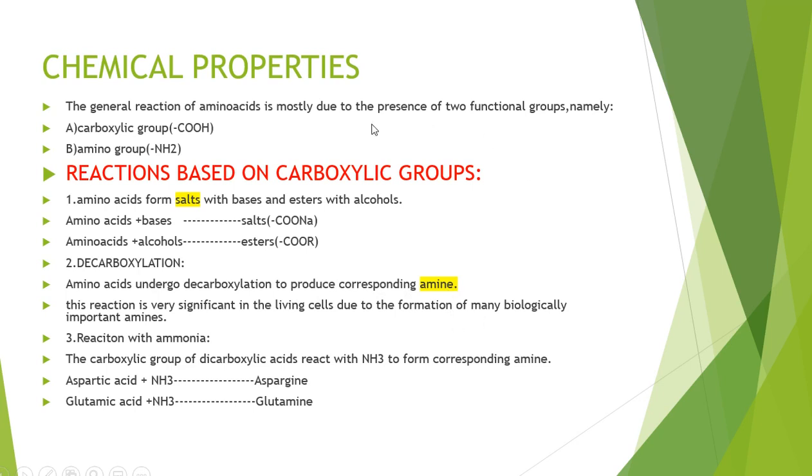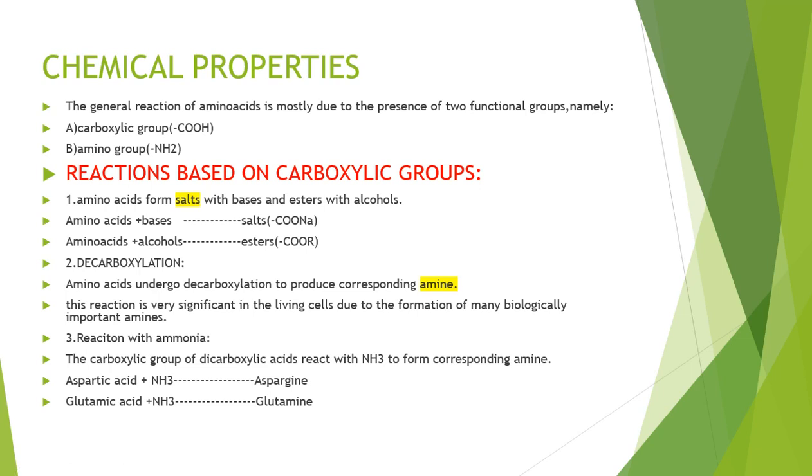That means if CO2 is removed from the carboxylic group, we get the corresponding amine, and this amine has a very significant role in biological metabolism. The best examples of these biologically important amines are histamine, dopamine, adrenaline, serotonin, etc.